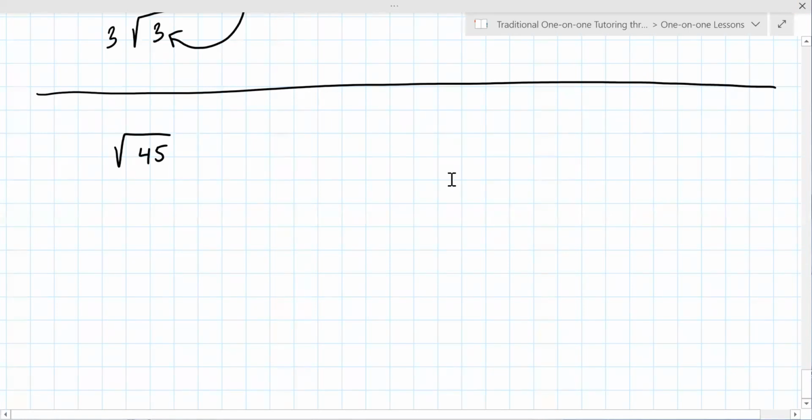Three on the outside and 5 on the inside. That is correct. 3 square root of 5.